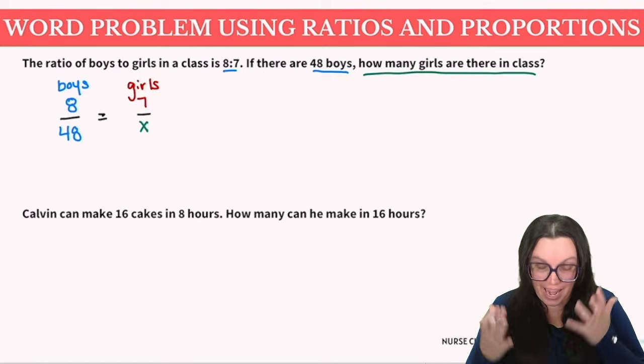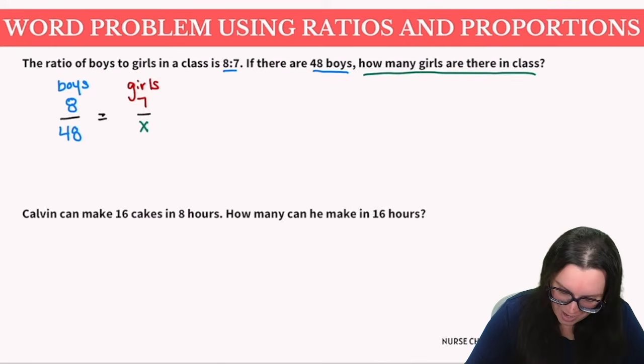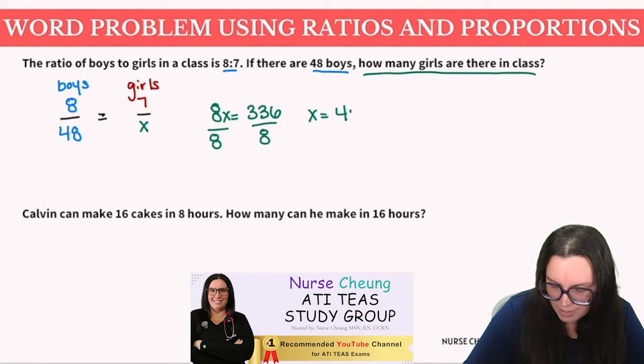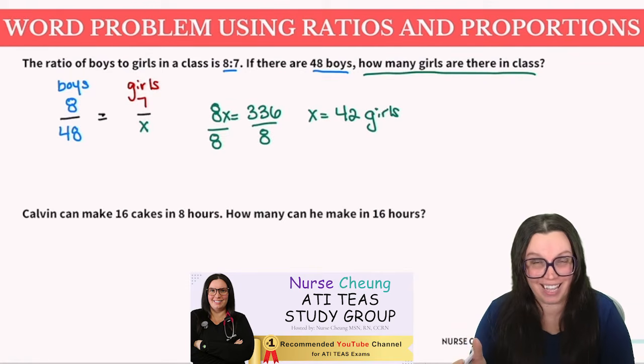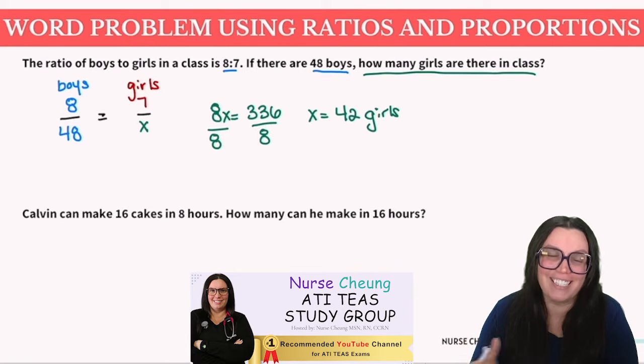Now that I have my equation, it's just a matter of cross multiplication. That gives us 8x is equal to 336. We need to isolate x by dividing both sides by 8, and that gives us the number 42. So we know we have 48 boys in class, and the number we didn't know is now 42 girls in that class.